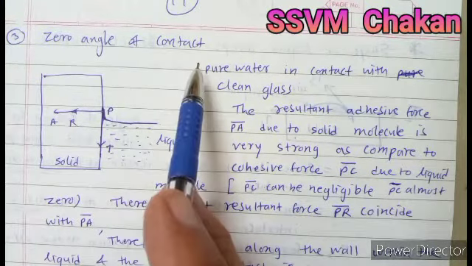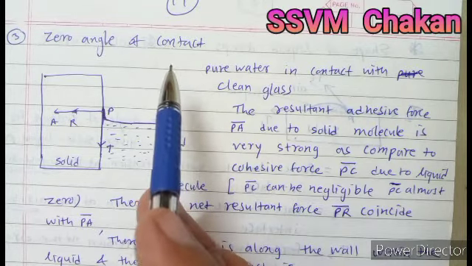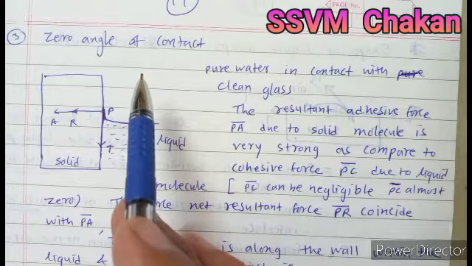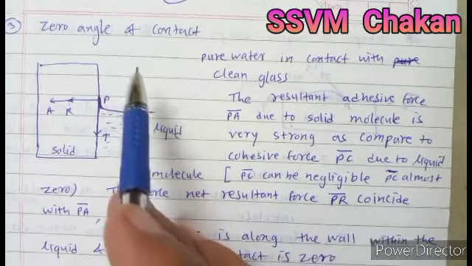Zero angle of contact. In two topics we have seen the obtuse angle of contact and the acute angle of contact. Now we see the zero angle of contact.